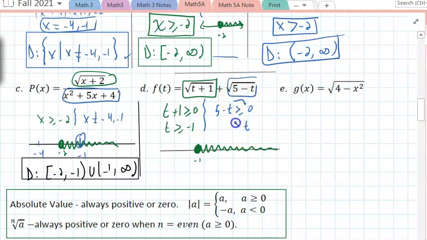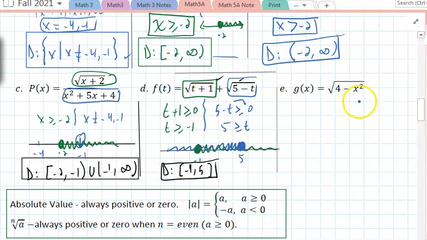So I want t to be less than or equal to 5. There's 5. I want t to be less than or equal to 5. So which region satisfies both of these cases? That's my domain. Domain is negative 1 included to 5. Those are the values that would satisfy both of these radicals at the same time.